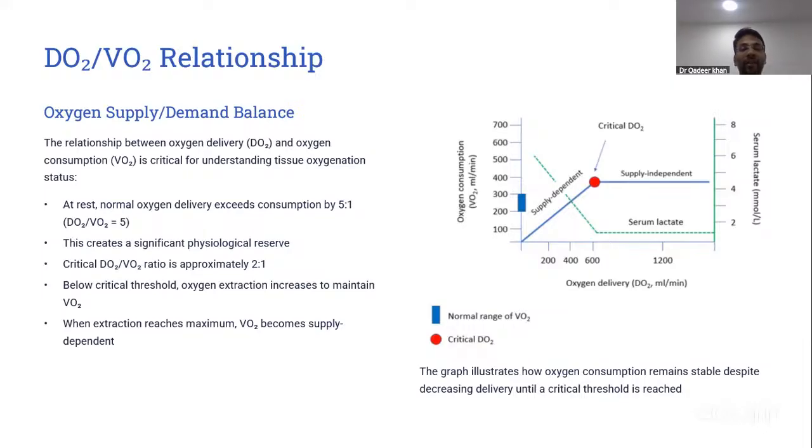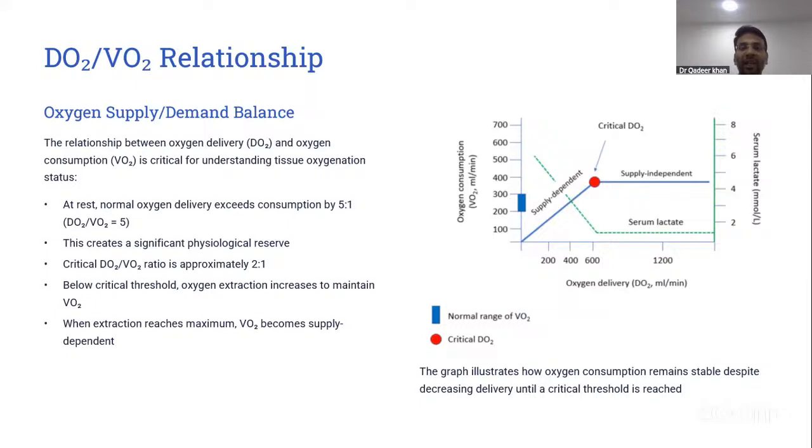Below that, your metabolism shifts from aerobic to anaerobic, and lactate levels go up. To match that, we need to maintain the blood flows. At the point where you need to maintain the supply to the patient, that's when you initiate an ECMO. You maintain a balance between DO2 and VO2.